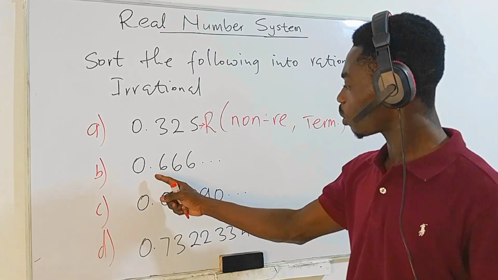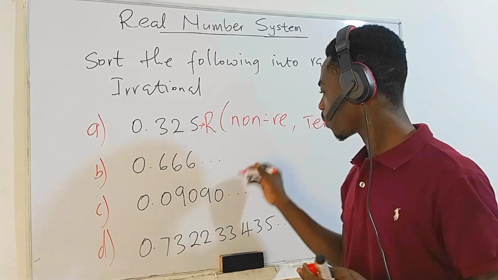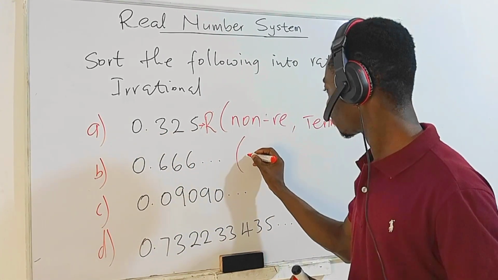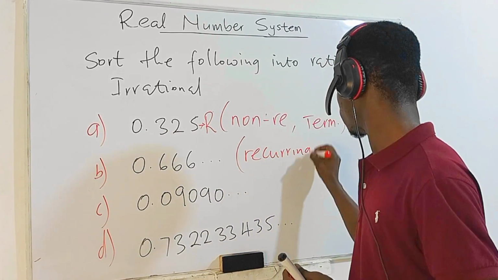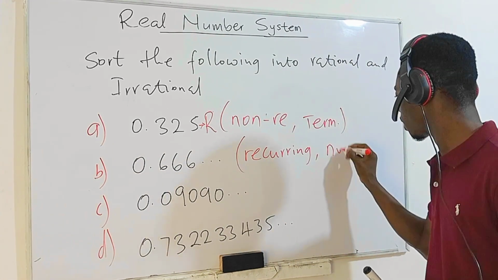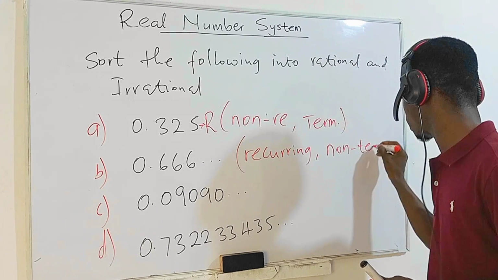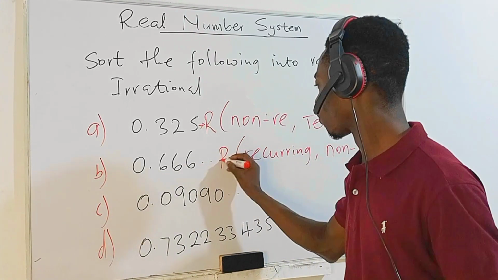Then here we have 0.666. In fact, it keeps on going forever. So we can say that it is recurring and it is non-terminating. So therefore, it is rational.